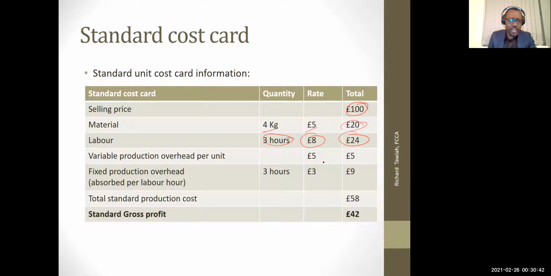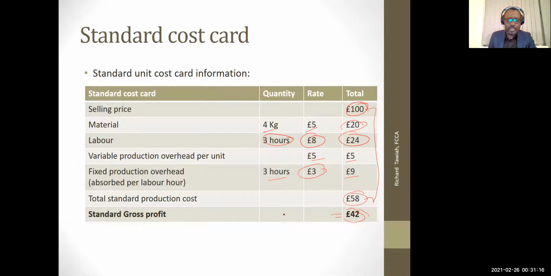So assuming we have a variable production overhead of 5, that'll be it. Fixed production overhead we've absorbed, let's say per hour is £3. So for each hour, we use 3 hours, fixed overhead gives us 9. So at the end of the day, our standard production cost is 58, and if we compare the selling price to the cost, we realize that we're making a profit of 42.